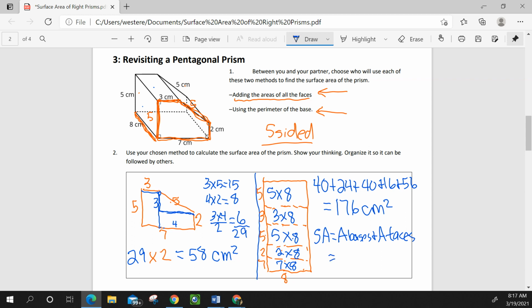So the bases was 58 centimeters squared. And the faces is 176 centimeters squared. And that gives you 234 centimeters squared. Okay?